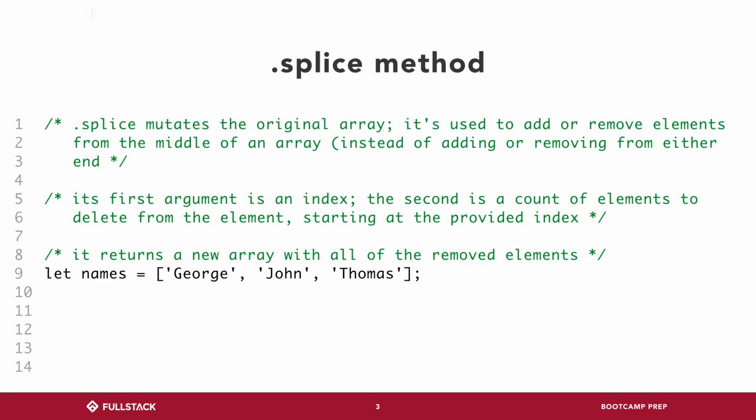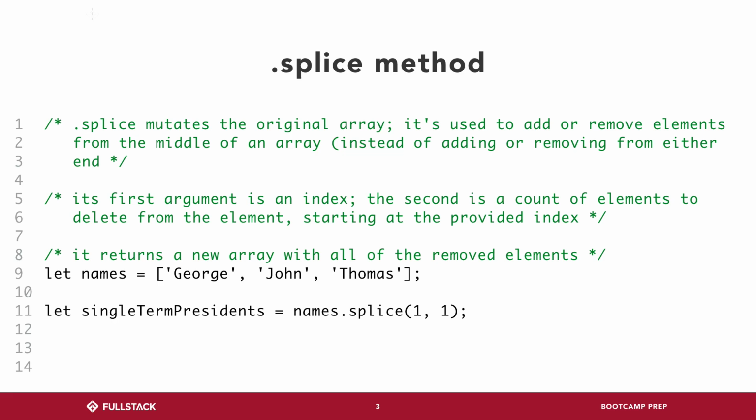For an example, we have an array called names with George, John, and Thomas inside of it. We're going to create a variable where you splice at the first index and you take one element out. So what do you think will get returned to you? George and John.